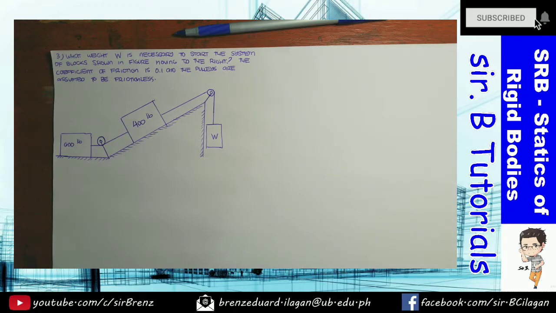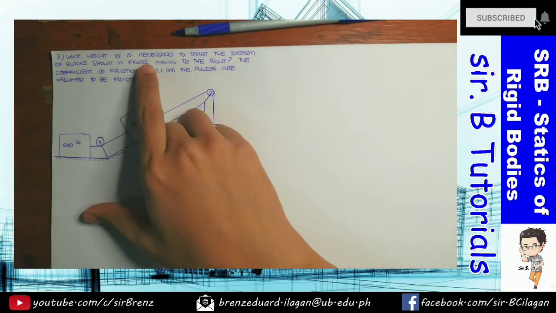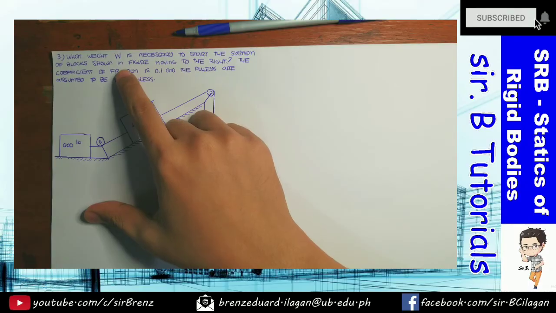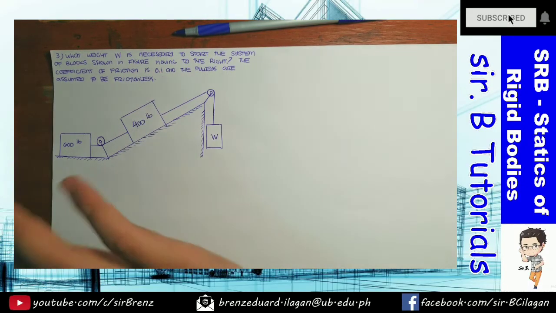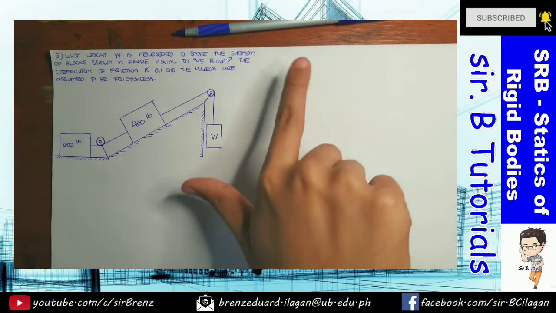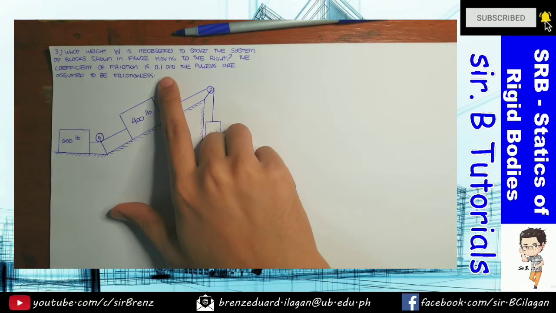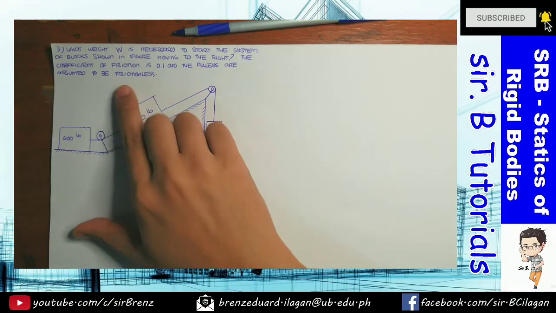Next problem. What weight W is necessary to start the system of blocks shown in the figure, which will move to the right? The coefficient of friction is 0.1 and the pulleys are assumed to be frictionless.